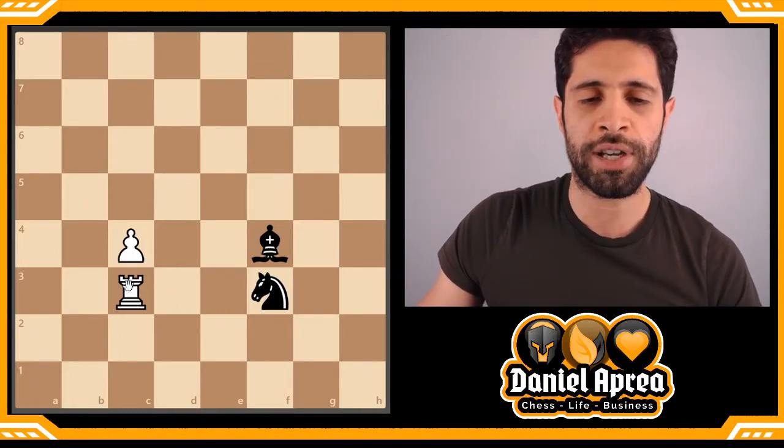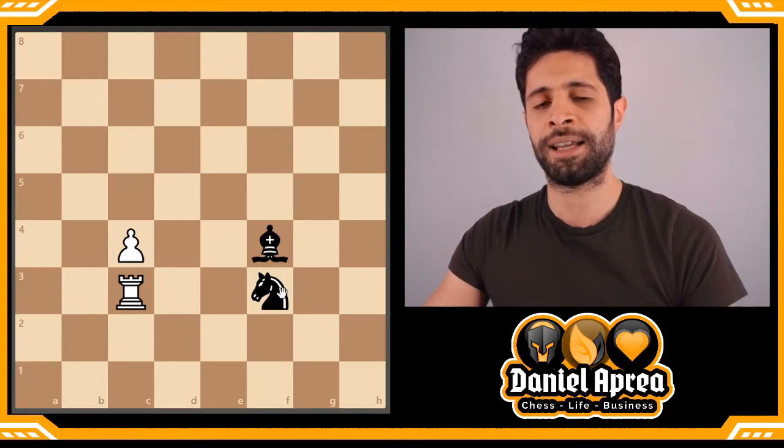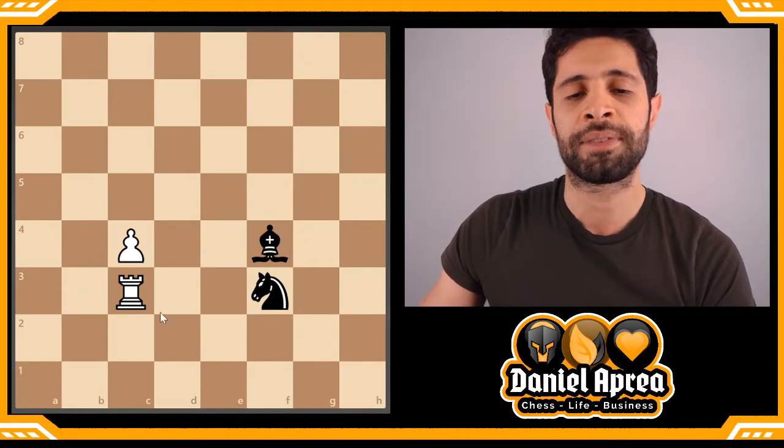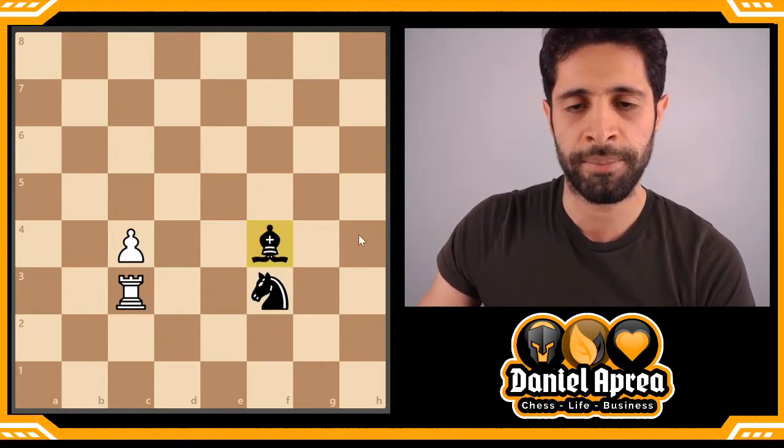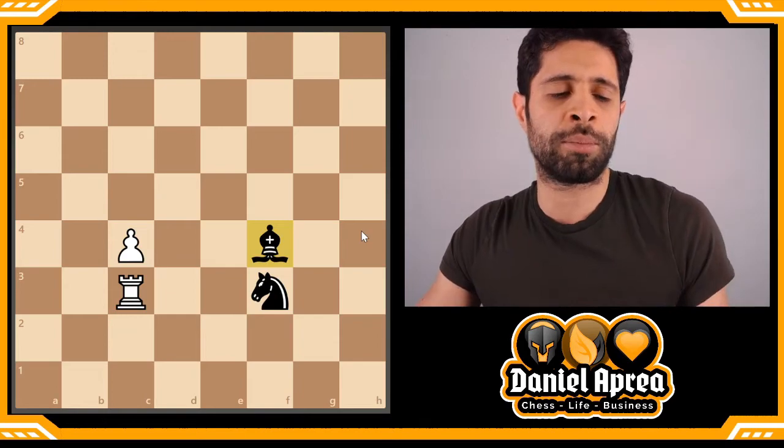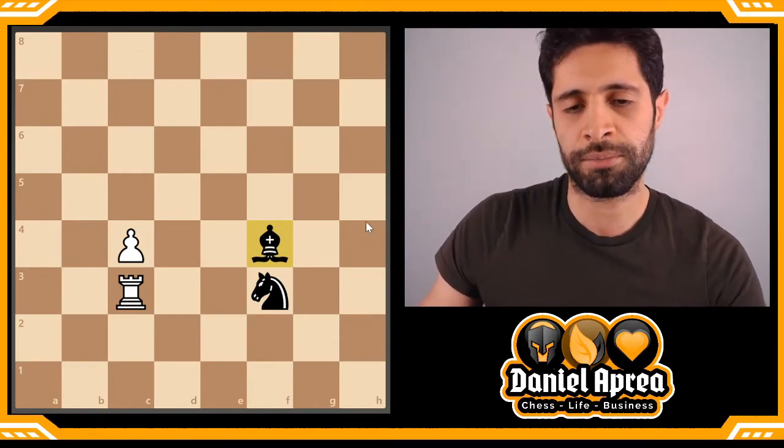So if you exchange a rook and a pawn for a bishop and a knight, roughly you've got the same value. Nowadays people prefer the bishop and the knight because you have 2 pieces versus 1 piece, but it really depends on many factors. It's an exchange that you would normally consider. If you have the chance to make it, you can consider it and see if it's good for you.